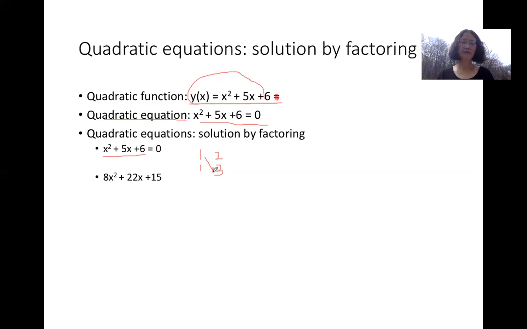And when you cross multiply, 1 times 3 plus 2 times 1, it happens to be 5. So that way you decide the factoring for the left-hand side is x plus 2 times x plus 3 equal to 0.